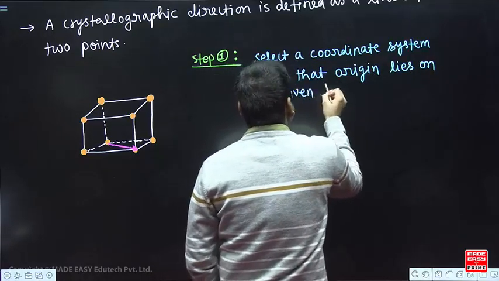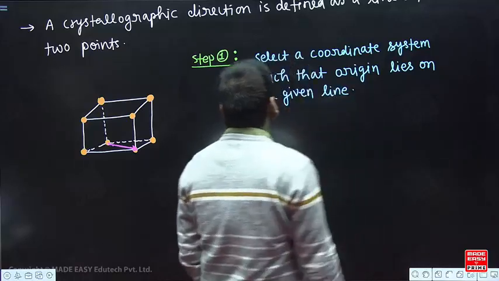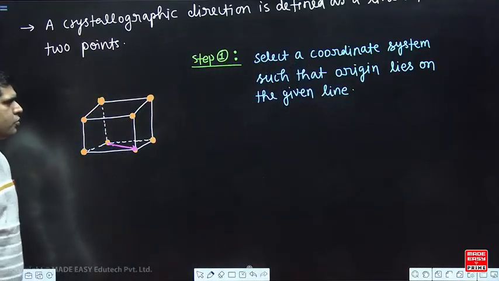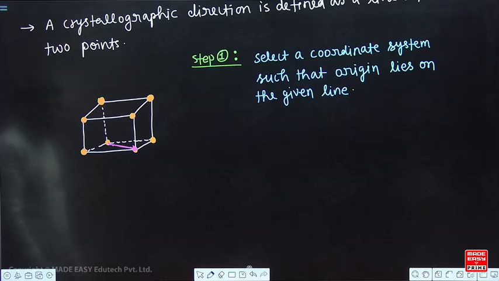Select a coordinate system such that origin lies on the given line.